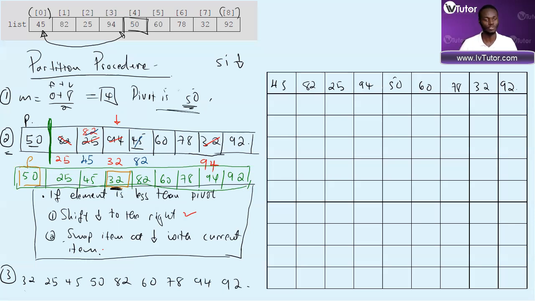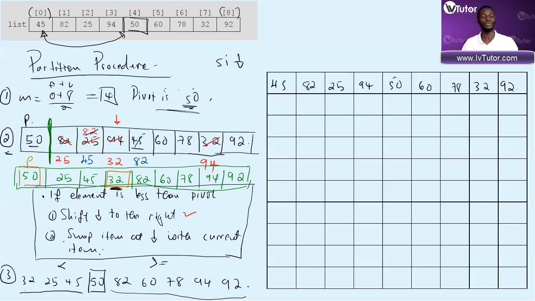Remember, 50 was my pivot, which I've just swapped with small index, and therefore here is my pivot. And if you want to check if you've done this correctly, look at the numbers on your left, look at the numbers on your right. All the numbers on the right must be greater or equal to your pivot, right? Greater or equal. All the numbers on your left must be less than your pivot.